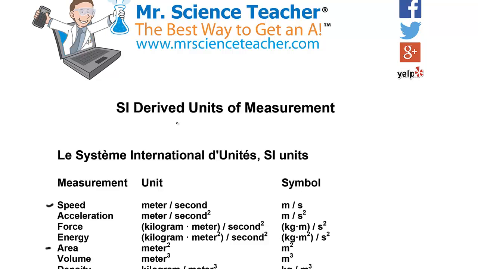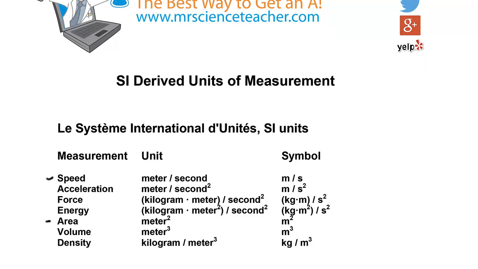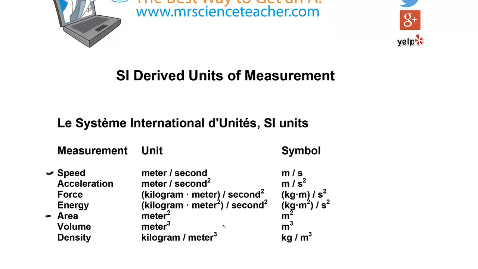So we have speed, acceleration, force, energy, volume, density. These are different derived units that I have just provided. I mean, there are many others. These are just an example. What you should do is look at the different derived units.